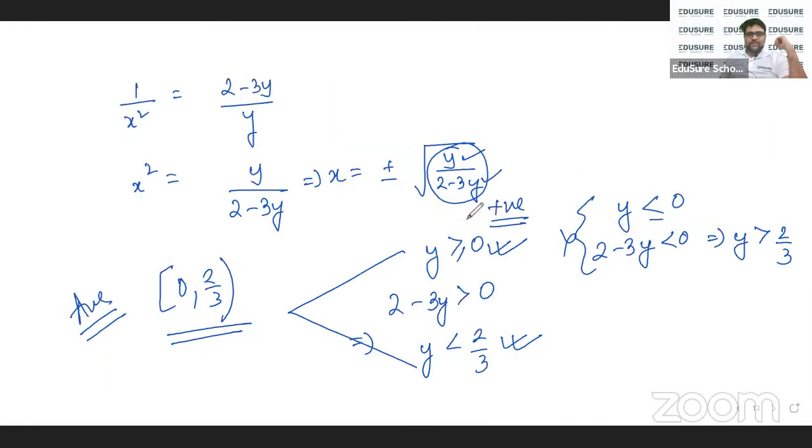Now let's talk about the slide of inverse method. Take a look at inverse.